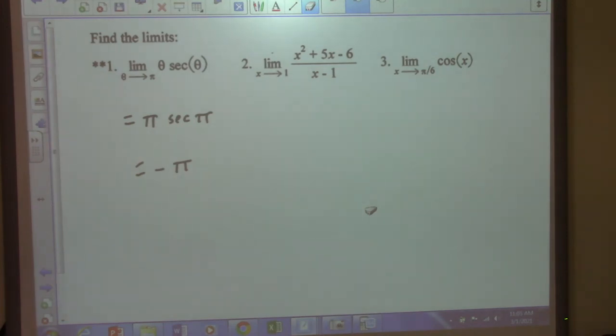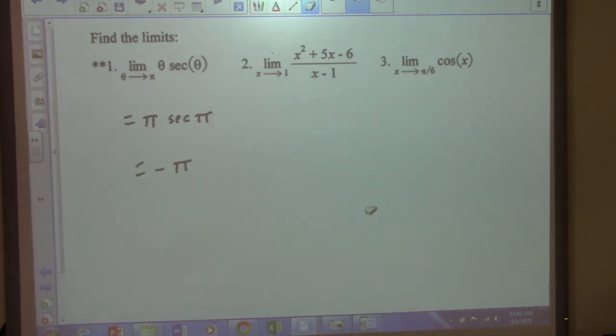Just a vocabulary thing that has to do with limits. So you have 0 over 0, and what do you do with 0 over 0? Factor if you can.